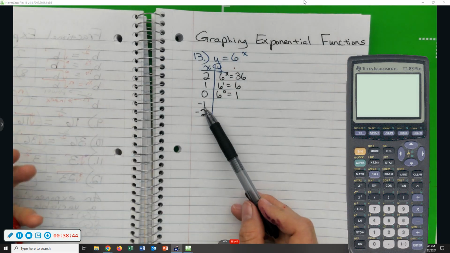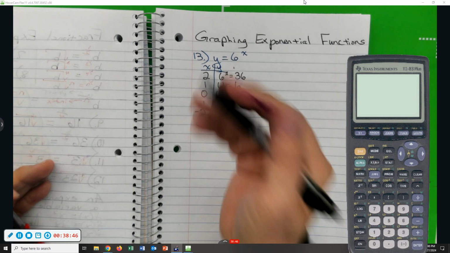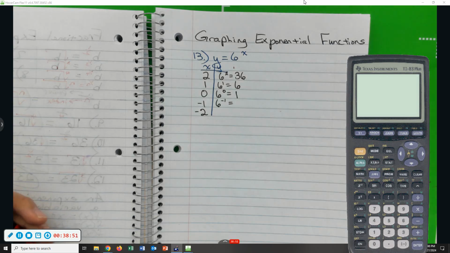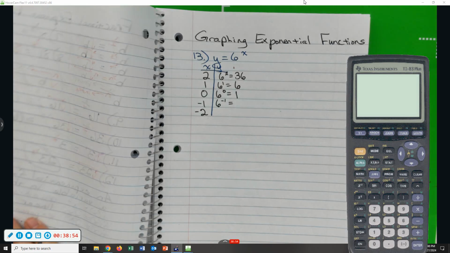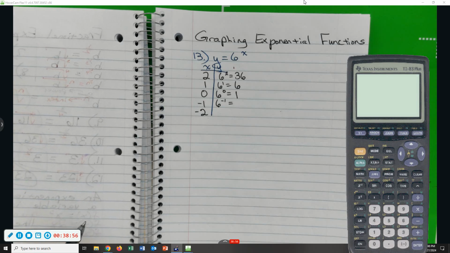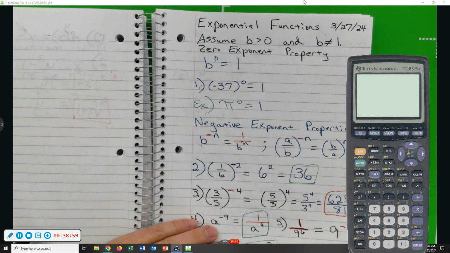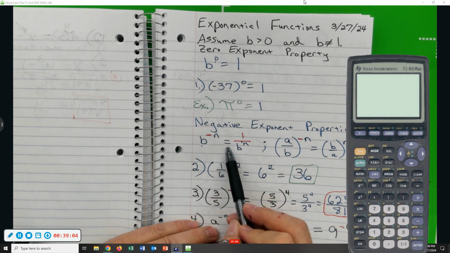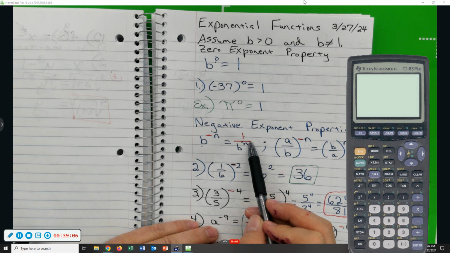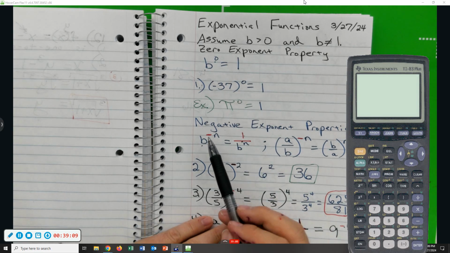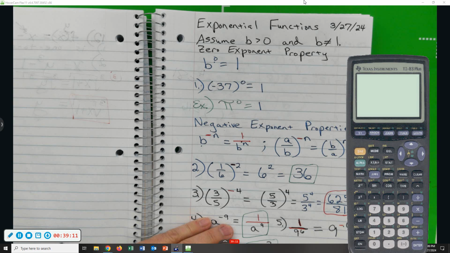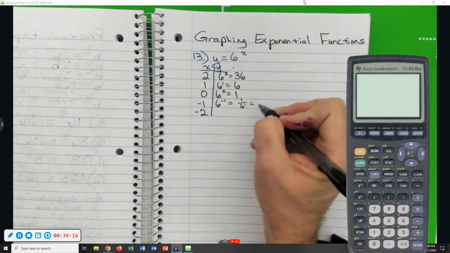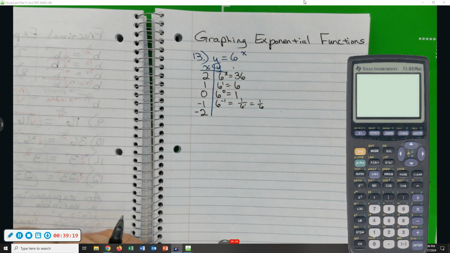Now we have to plug in the -1. So be careful. 6 to the -1 power. Remember your negative exponent properties. 6 to the -1 is the same thing as 1 over 6 to the +1. That negative exponent is the same thing as a 1 over. So we're going to have a 1 over 6 to the +1, which is just 1/6.